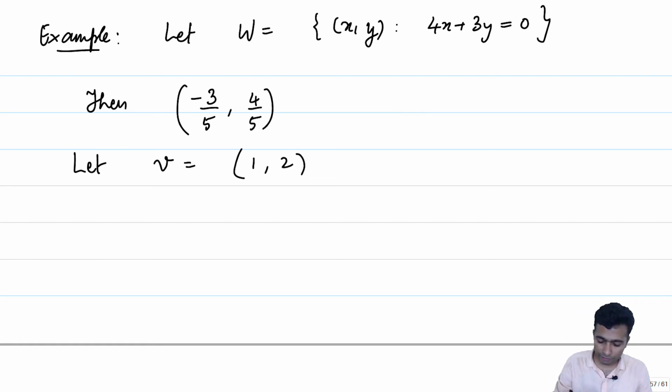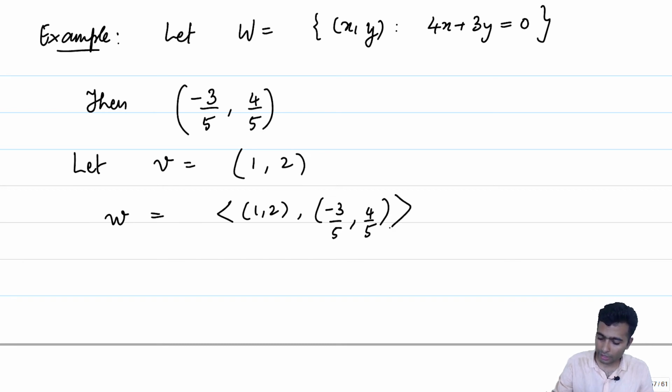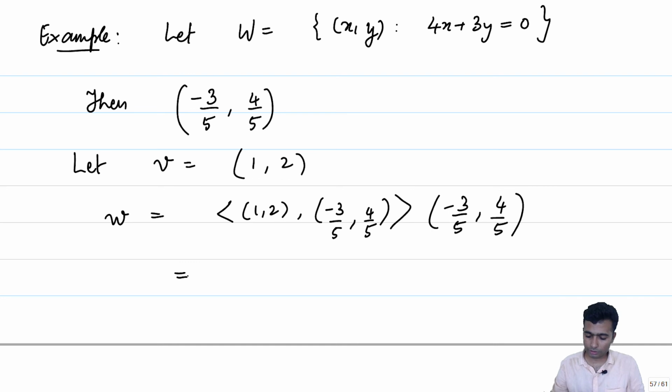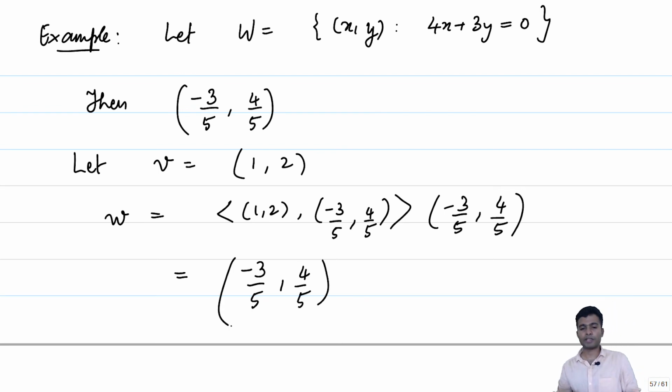Then the projection of V will just turn out to be equal to small w, which is the inner product of 1 comma 2 with minus 3 by 5, 4 by 5 times this vector. And what is this? This is minus 3 plus 8, which is 5, and this is just going to be minus 3 by 5, 4 by 5. Incidentally, this basis vector itself turns out to be the projection onto our W.